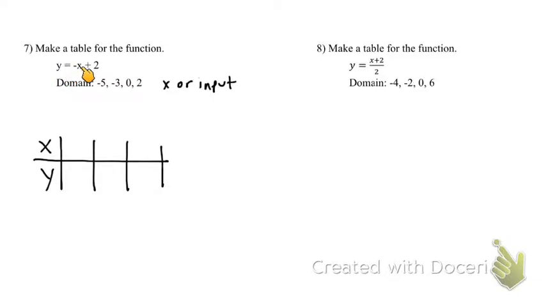Using our rule, we want to make an input, our domain, and output range table. What they give you is your domain. Remember, these are your x values or your input. So I'm going to list them in my x table.